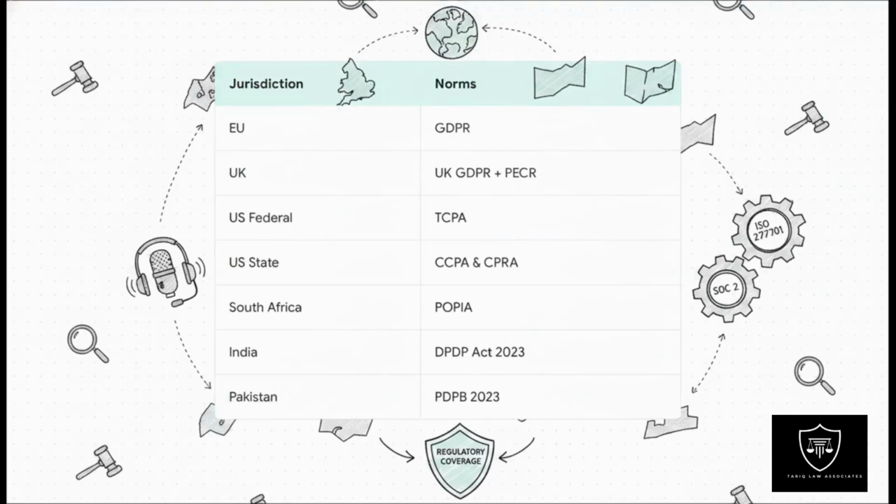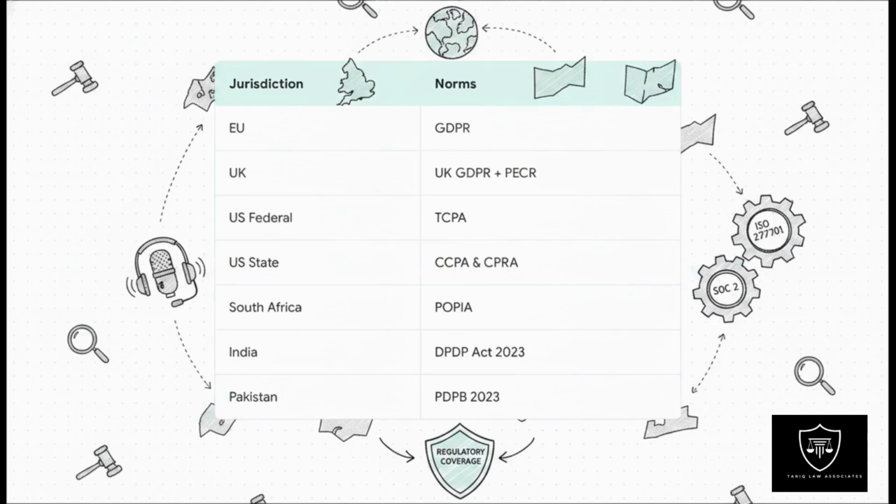Picture this. An agent is talking to a customer in London, then someone in California, and 20 minutes later, someone in Cape Town. Bouncing between these jurisdictions without a solid map is an absolute minefield. We aren't guessing anymore. We are mapping specific regions directly to their operative laws. If you're in the EU, you're bound by GDPR. Over in the UK, it's UK GDPR plus PECR.